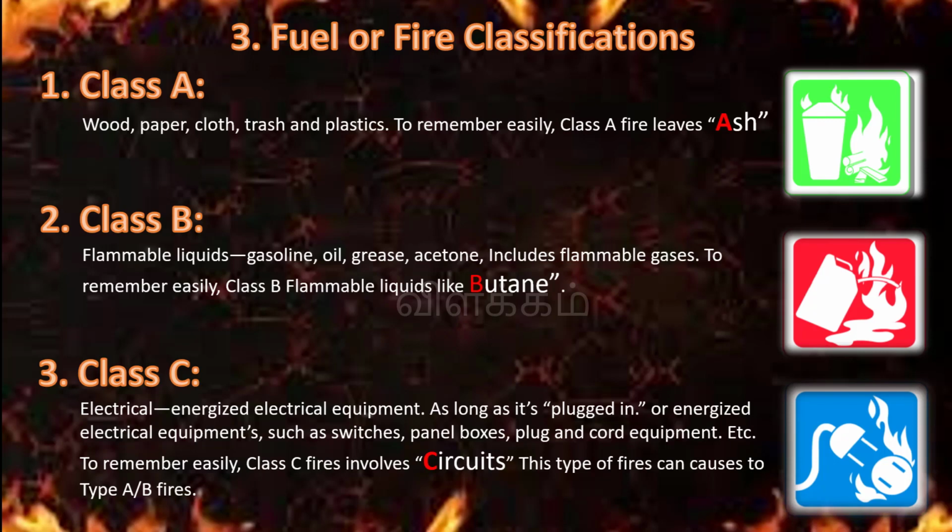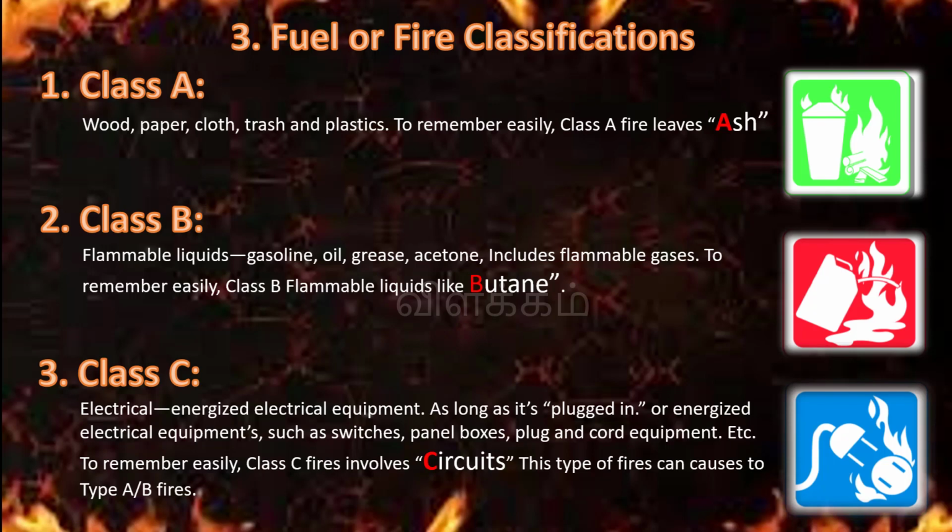Here, Class A fire. Class A fire contains fuel such as wood, paper, cloth, trash and plastics, etc. To remember easily, Class A fire leaves ash. Ash. You can remember like this.